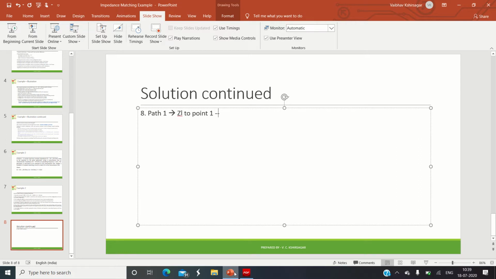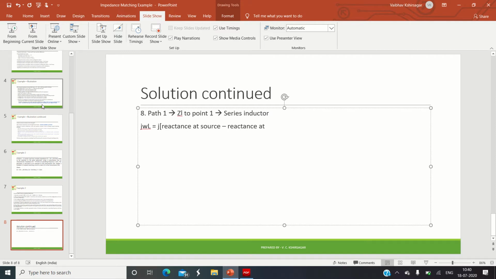What does it give? This is going to give me a series inductor. So write down the formula of the series inductor: j omega L is equal to j times, and refer to the table of standard equations which I showed you last time. Reactance at source minus reactance at destination.